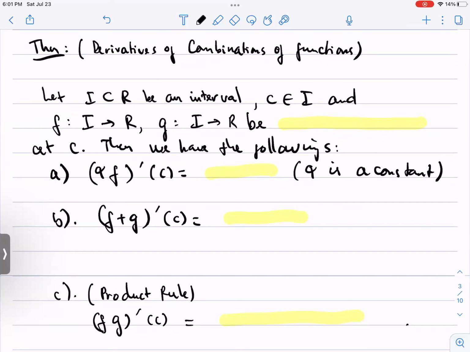So the fundamental theorem here basically tells you how to compute the derivative of a combination of functions. We learned from a previous section that we can construct new functions by combining certain standard fundamental functions. That's how we come up with so many different functions.